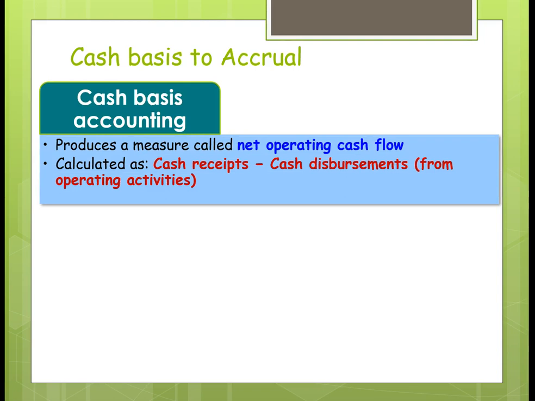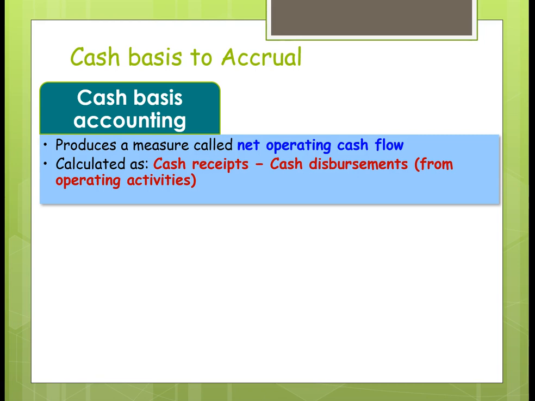Okay, now what we're going to do is look at how you convert cash-based accounting to accrual-based accounting. And remember, cash-based accounting is not GAAP. It produces a measurement called net operating cash flow. So this is actually what we go for when we do the cash flow statement.